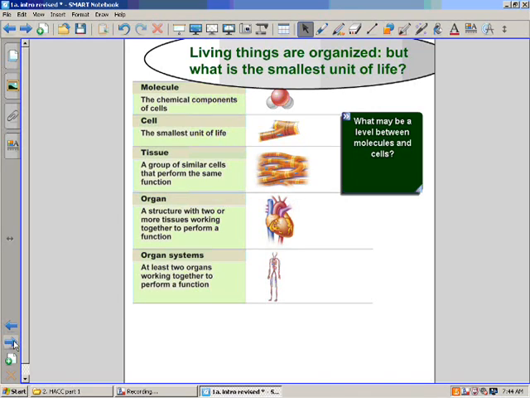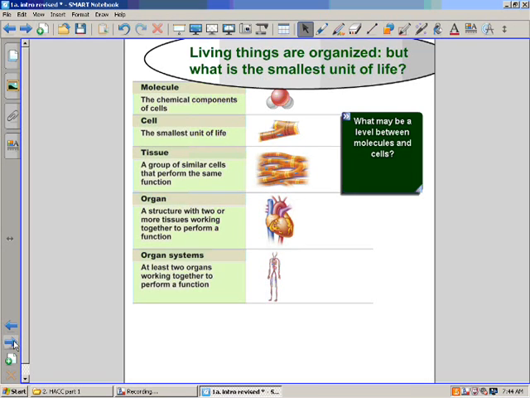Those molecules then assemble to make up cells. Similar cells grouped together make tissues. Tissues can make up organs. So you might have different tissue types working together to make up a heart, let's say. Organs make up organ systems. So you have the heart and blood vessels all making up the cardiovascular system.